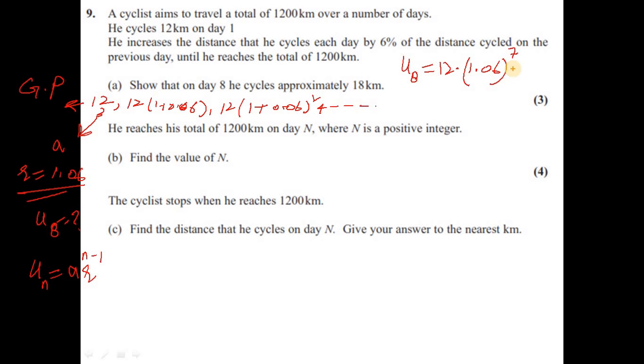And if you simplify this equation, then U8 would be equal to 18.04, which is approximately 18 kilometer.